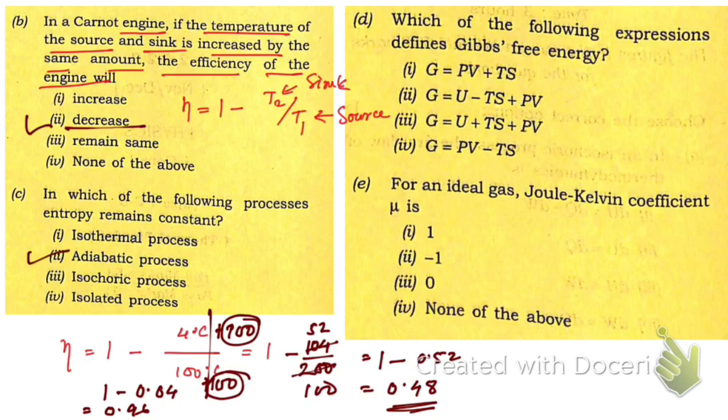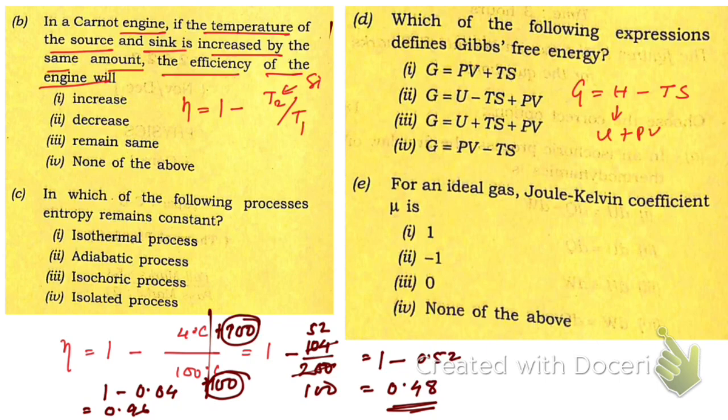Next, which of the following expressions defines Gibbs free energy? The expression for Gibbs free energy is given by G is equal to H minus Ts, and H is equal to U plus PV.